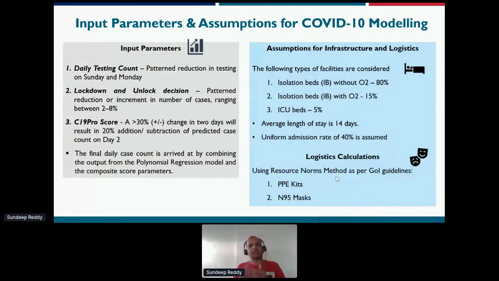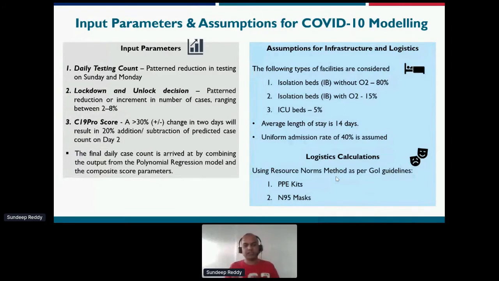And once you had the 40% of the population needing hospitalization, what is the breakdown of the kind of need? You need an isolation bed without oxygen, with oxygen, an ICU bed, and ventilators. Each of these was a calculation that we ran using the Python programming language to automate this whole handshake.